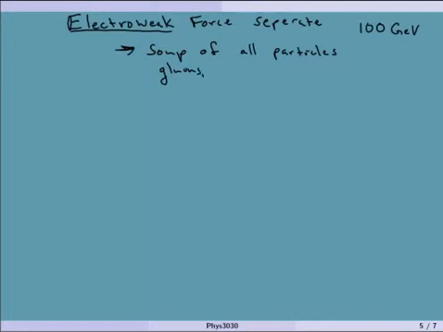So there's gluons and W and Z bosons and photons flying around and colliding with each other and things like that. Okay, and at this point, the electroweak force separates out. And at the next level, as the universe expands, it gets cooler and cooler. That's the idea.